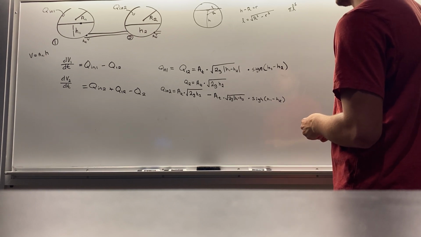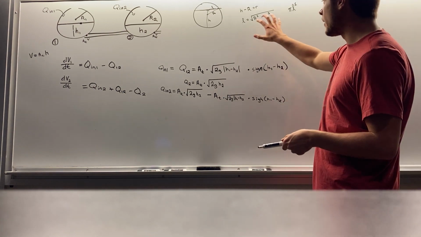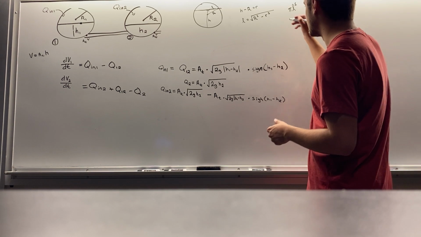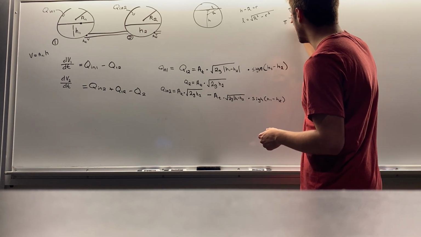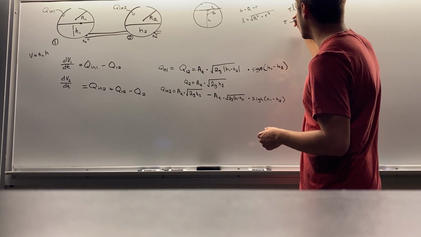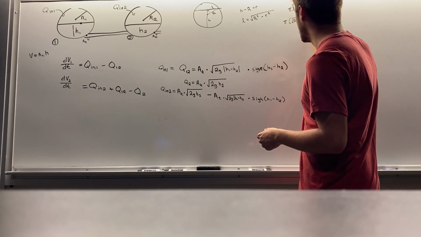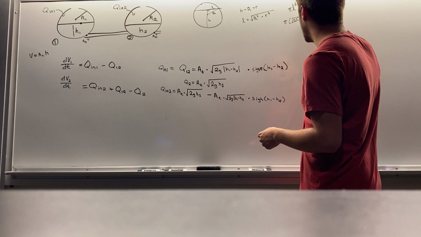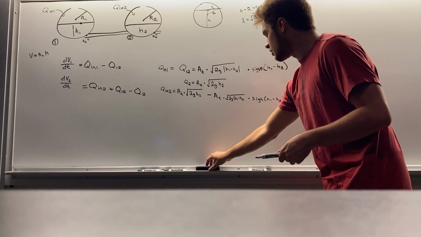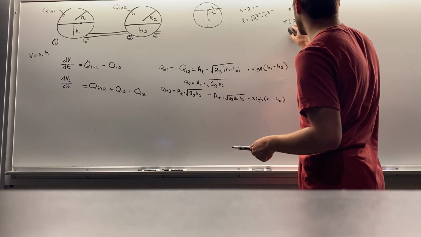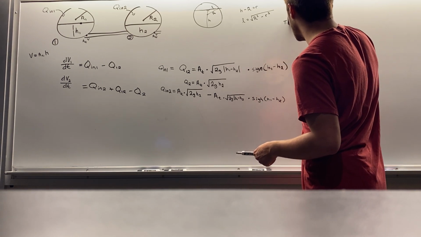So we know L is equal to the square root of R squared minus r squared. So it's pi times the square root of R squared minus r squared, and all that's squared. So we can just get rid of the square root and the square, the exponent.